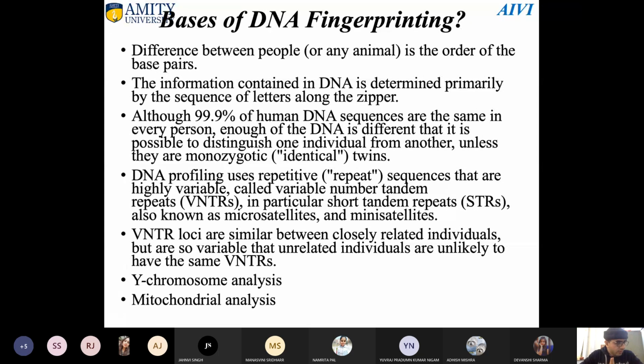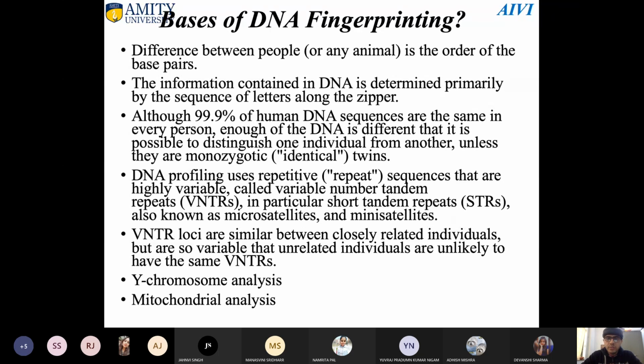Okay, so continuing with what we were talking in our previous lectures, we were talking about DNA fingerprinting. I introduced DNA and genetic material, and then I gave you a bit of an introduction about what DNA fingerprinting is, what the history of DNA fingerprinting is, and how it came into the picture. We started with the Sherlock Holmes thing, and the real Sherlock Holmes is your DNA fingerprinting.